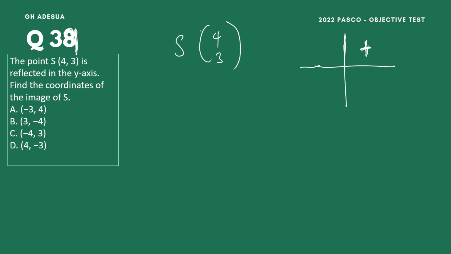In this case, when we flip, it is going to be on the negative side, where the x-coordinate will now become negative, and then y still maintains to be positive. So when we reflect (4, 3), we know that 4 is the x-coordinate and 3 is the y-coordinate. So being flipped to the other end, 4 is now going to become negative 4, whilst 3 maintains to be 3.